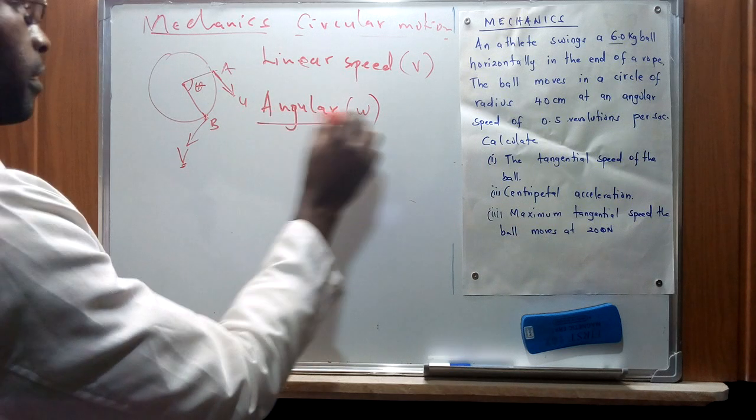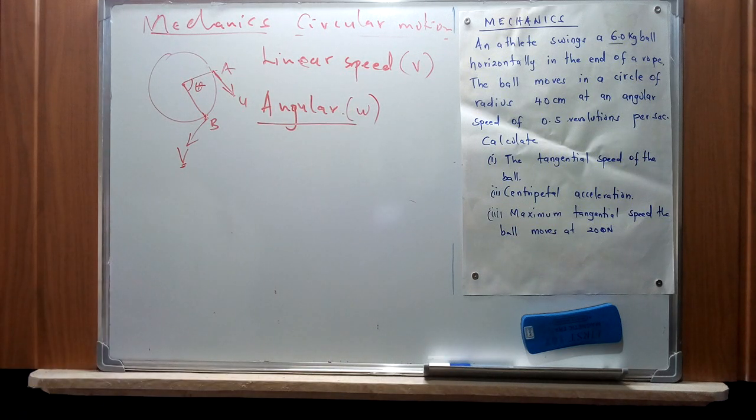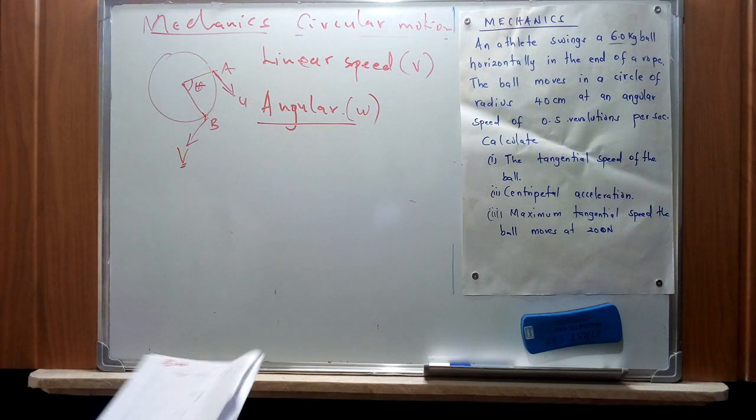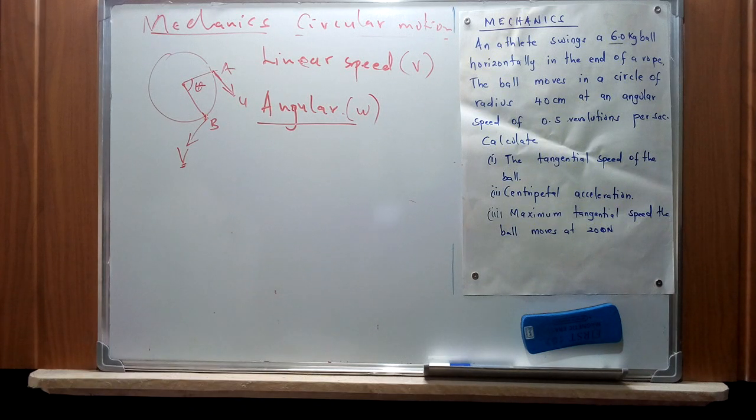Now that we have been given a speed from that question in revolutions per second, linear speed is measured in meters per second, and angular speed, of course, I've talked about in radians or revolutions per second. In this case we are going to look at this relationship, which is going to assist us to solve the problem.